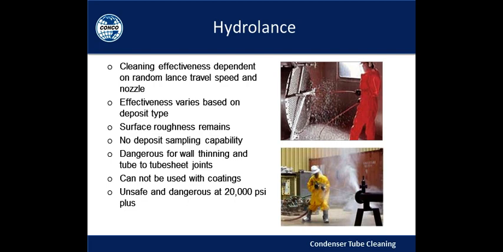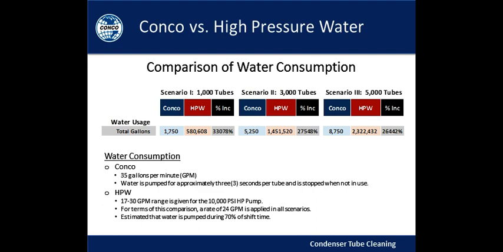Now, I want to appeal to your environmental side and show you a very simple comparison of the amount of water that's consumed for high-pressure water washing. Let's look to the right of this slide, scenario 3, over 5,000 tubes. The water usage to clean that many tubes with the mechanical cleaning system manufactured by Conco is 8,750 gallons. To clean the same tubes with high-pressure water, it takes over 2.3 million gallons of water.